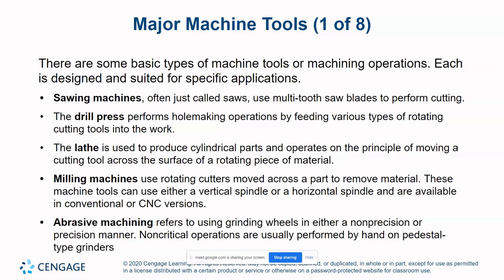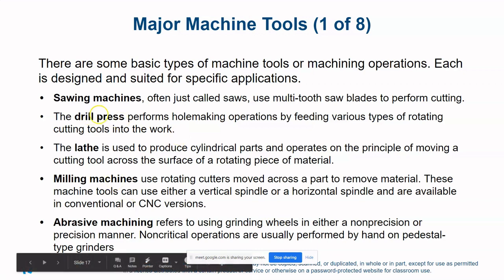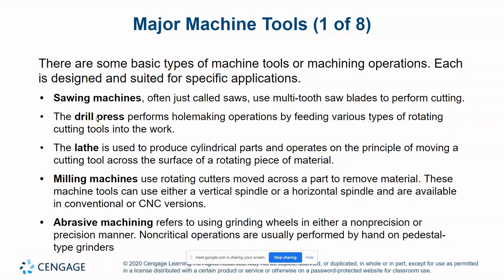The lathe is used to produce cylindrical parts and operates on the principle of moving a cutting tool across the surface of a rotating piece of material. So you can see there's a little bit of difference here. The drill press rotates the cutting piece and the material being worked on is stationary, whereas in the lathe, the cutting utensil is stationary and the material is moving.